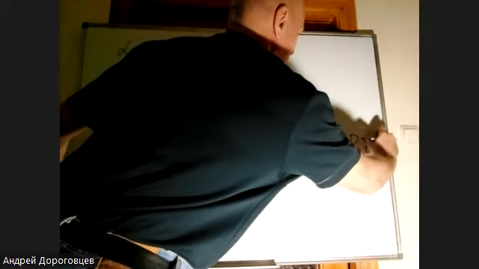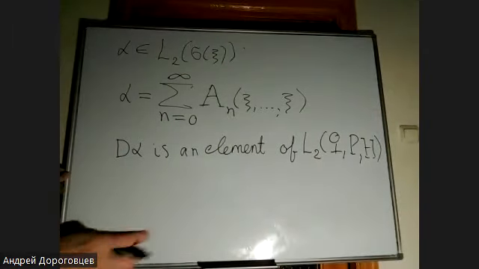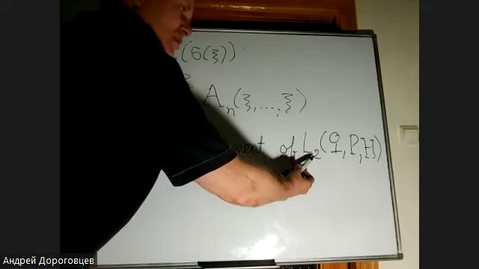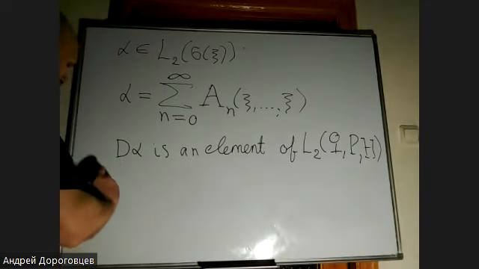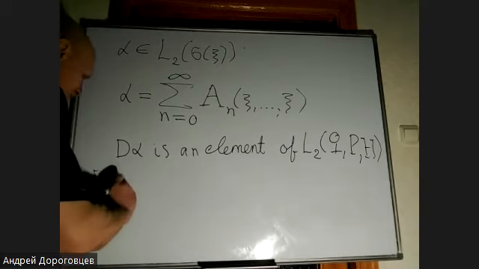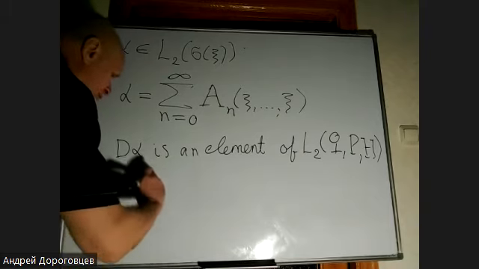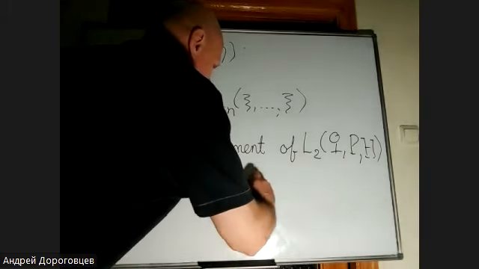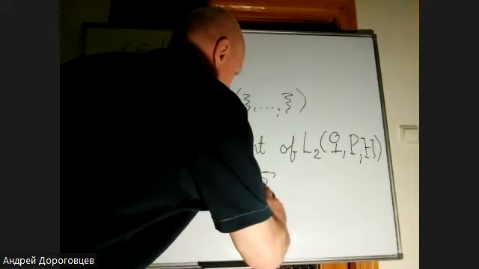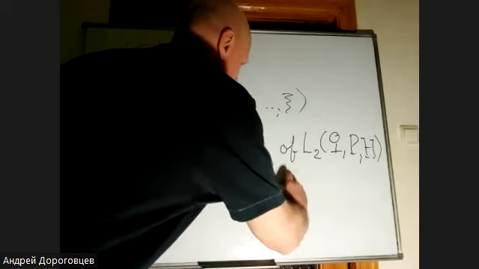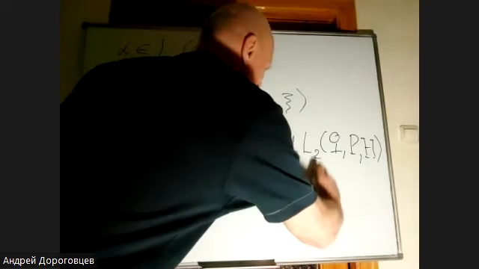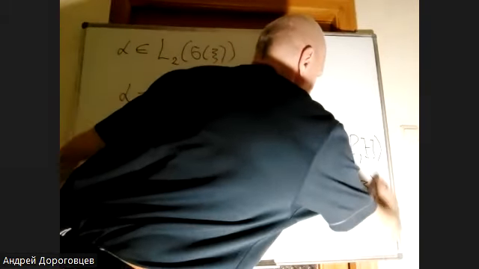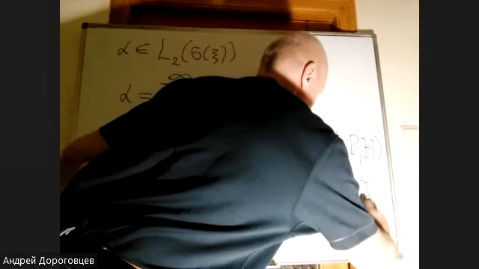So it is not a random variable, but a random element in H, which has a second moment of the norm, such that for any h which belongs to our space, we have the following equality: (D alpha, h) is equal to the sum from n equal 0 to infinity of a_{n+1}(h, psi, ..., psi), where here we have n minus 1 psi.